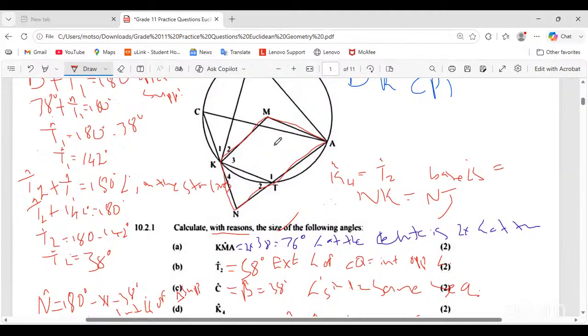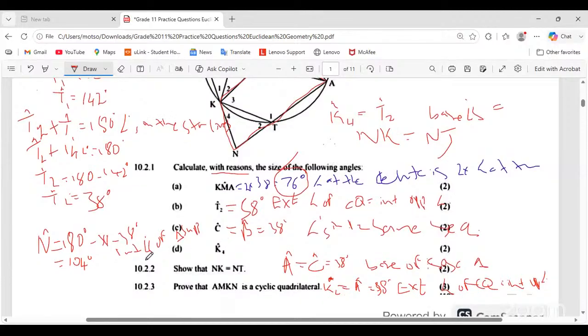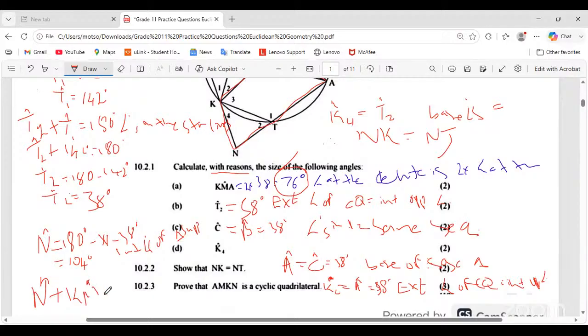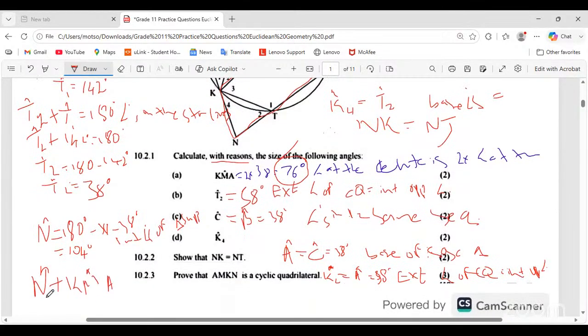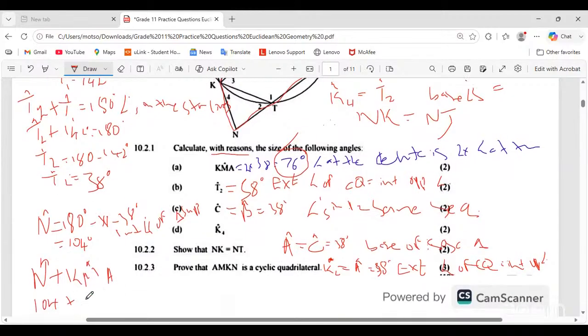Now, how are we going to approach this? Oh, my bad. KMA is not 38, but we found it here. It was 76. So yes, we can use that. Now N plus KMA. What is N? It is 104. What is KMA? KMA is equal to 76 degrees.